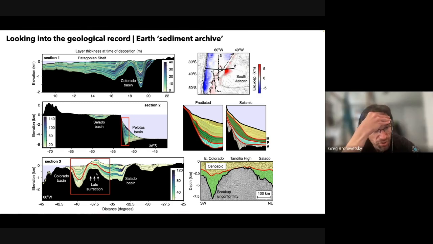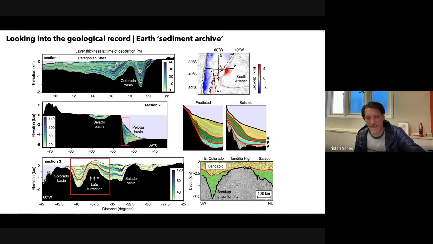Okay. Oh, that late surrection that's missing for you. Yes, the surrection, the uplift or the appearance of the mountain, appears too late in the model. So these two basins are not actually separated early on. And from looking at the seismic dataset, we know this is not the case. We know that there were actually different basins.